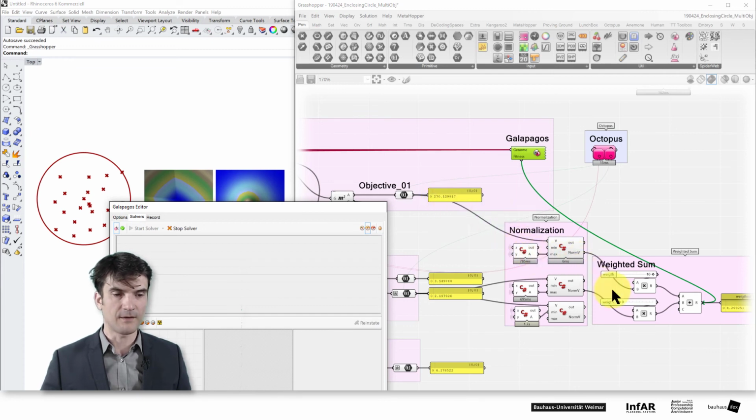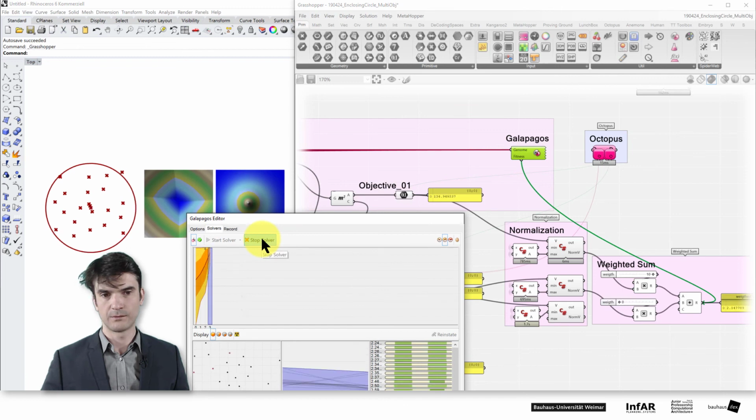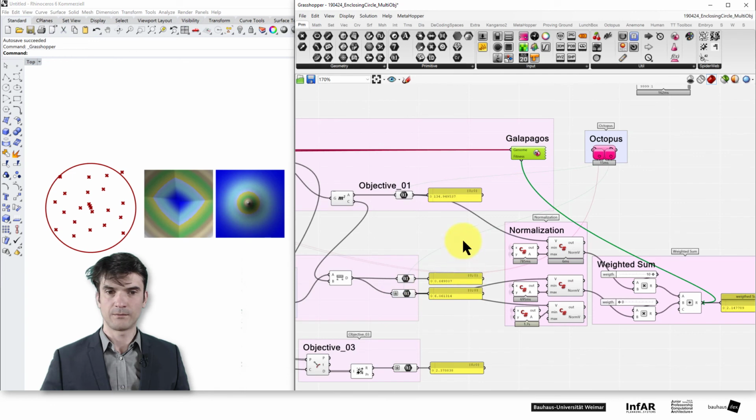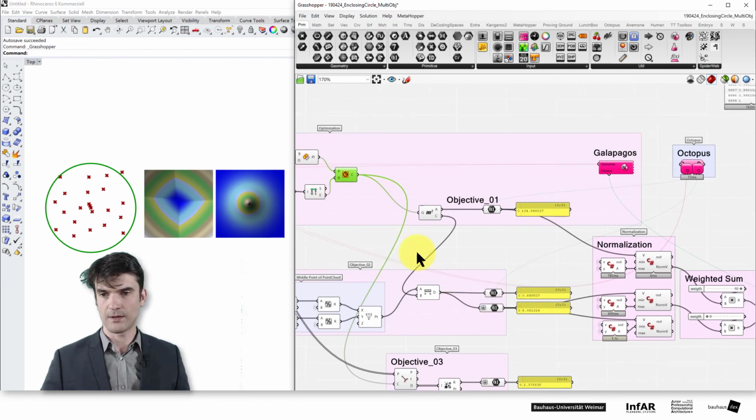So now we have a single optimization problem again if this rating is 0. Pause it and just show the solution, which is now here our enclosing circle.